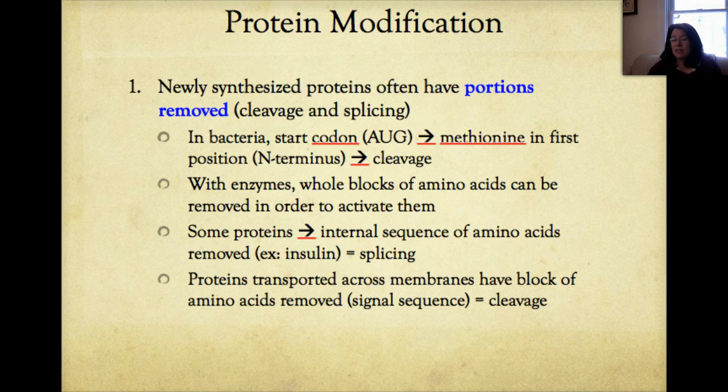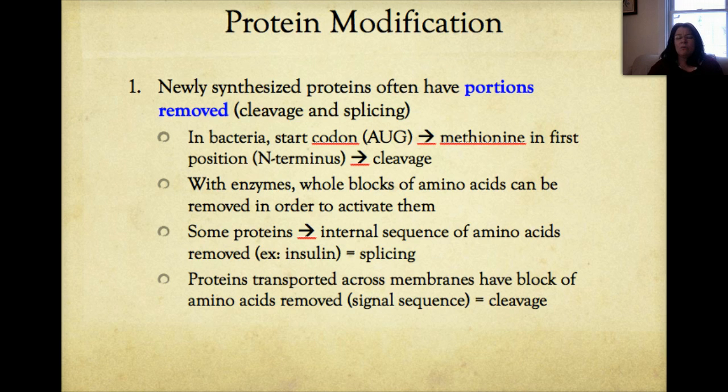Some proteins have internal sequences of amino acids removed, and that's what we call splicing. One of the best examples, or a well understood example of modification involving splicing, is in our hormone called insulin, and I'll talk a little bit more about that in a minute.